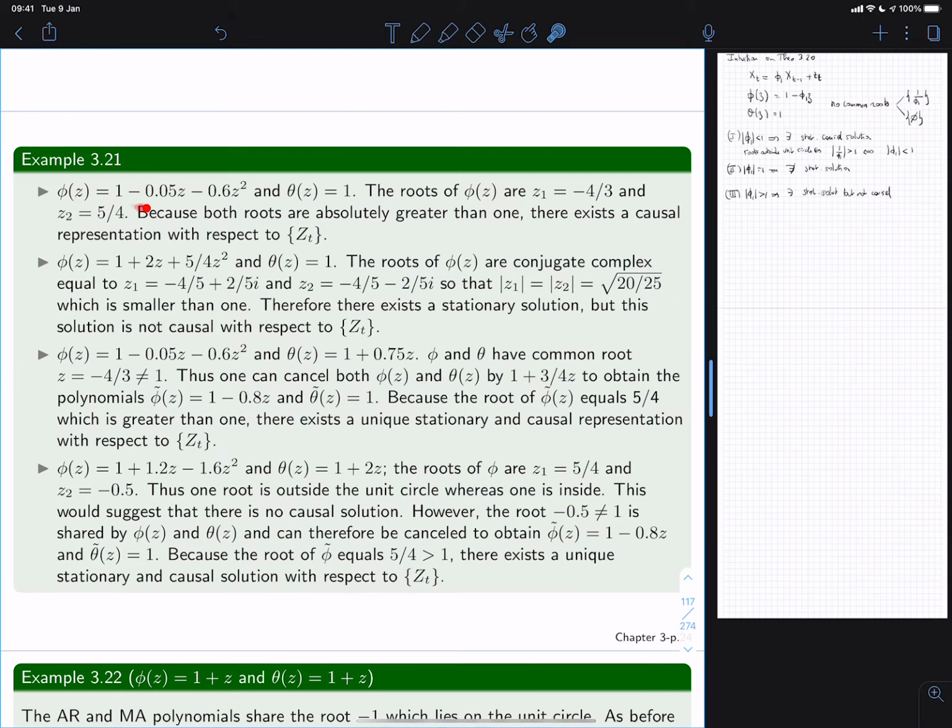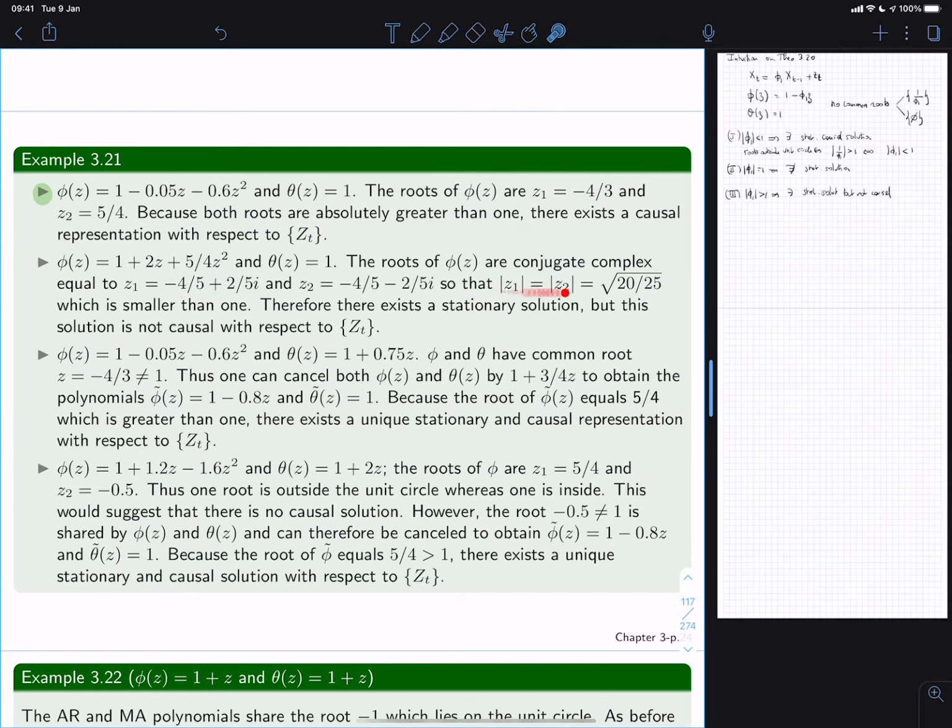First of all, this polynomial is the example that I've already done, so this one is done. Another example would be this polynomial and this polynomial for phi and theta. You use a computer or whatever you want to find the roots, and you see that the roots are this and this for this one. Of course, there are no roots for this one.